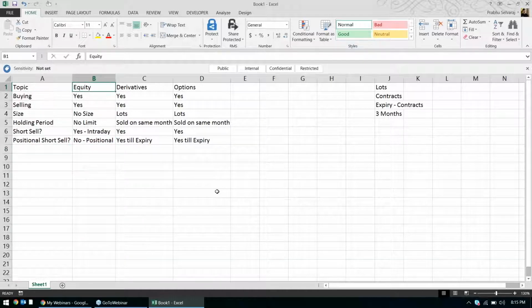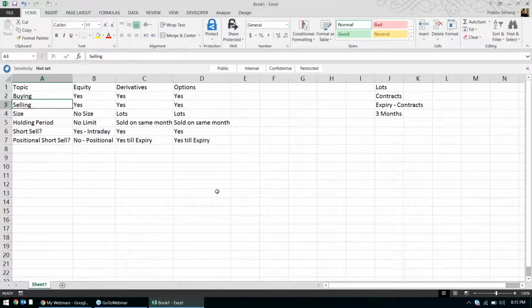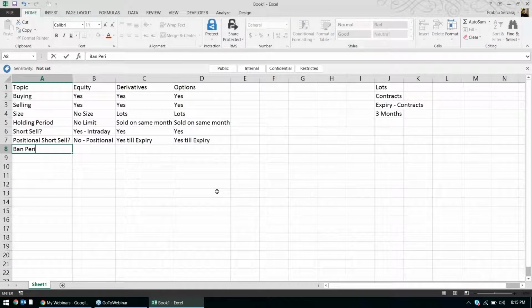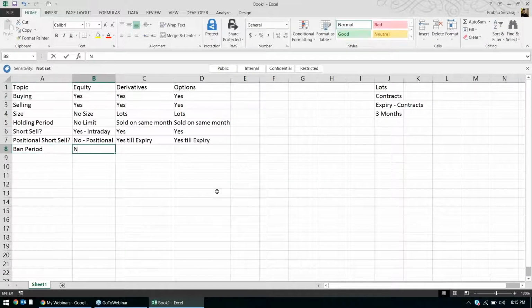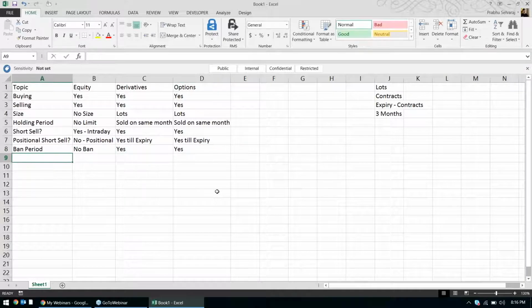Next, what else is the difference between these two? And this is the major difference, guys. The major difference between equity and derivatives is the ban period. One more thing: no ban period for equity, allowed in both. If any security is under ban period, you cannot positional short on equity.